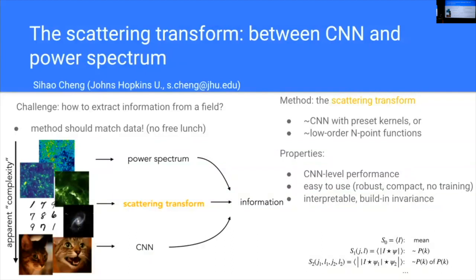The challenge here is how to extract information from fields, and especially because fields are complicated high-dimensional objects. One main point I want to argue is that the method should match the properties of the data, especially the complexity level. This is the same thing as no free lunch.